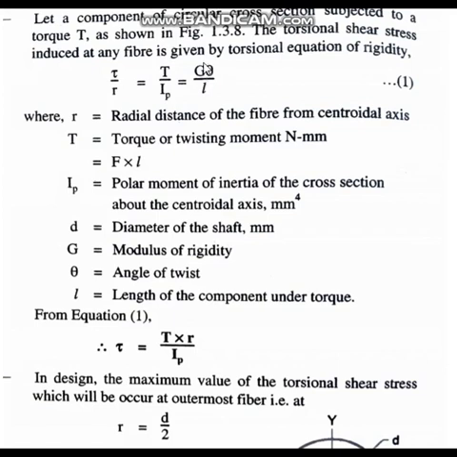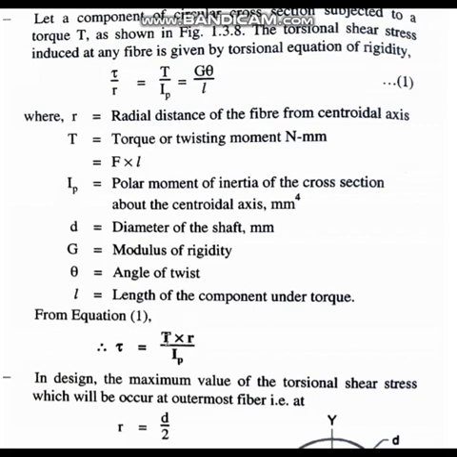It has the same unit as stress, that is Newton per millimeter square. Theta has no unit, and L has millimeter. So this term also becomes Newton upon millimeter cube. All these terms must have the same units, only then can we equate them.